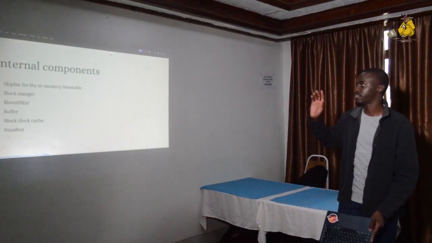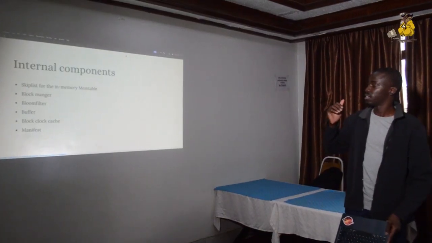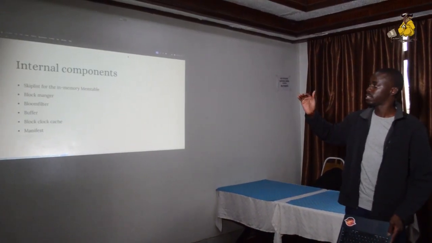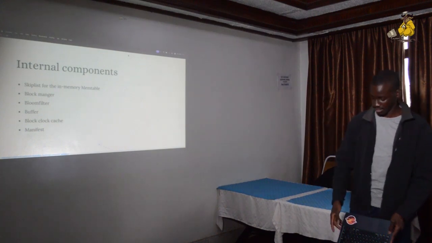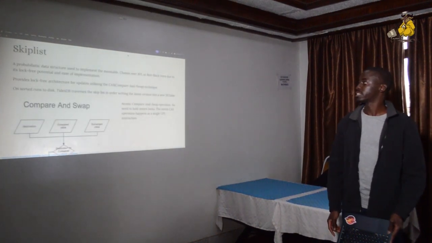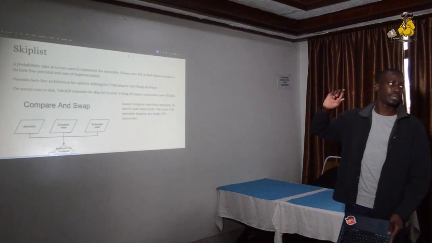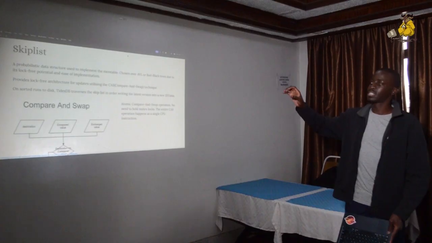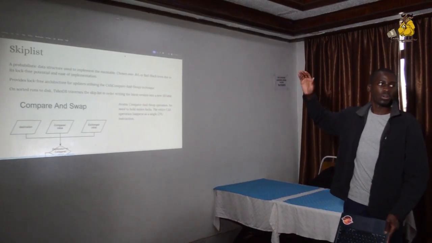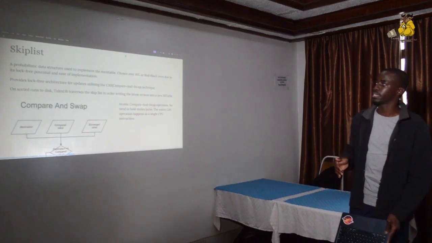This is a rough rundown of the internal components. We have something called a skip list, block manager, filter, buffer, clock cache, and manifest. A skip list is what you use to implement the memtable. Remember, the memtable is the in-memory structure that all writes go through before being flushed and becoming SSTables.